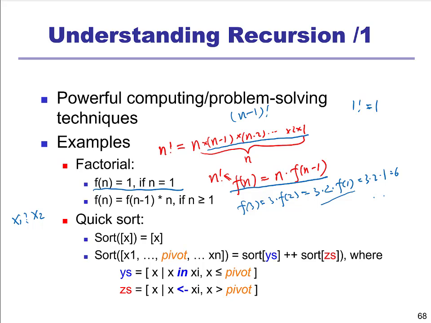Or say the sorting result of a list with only one element is itself. So this is the base case. The base case is usually the most intuitive, easiest, or simplest case.